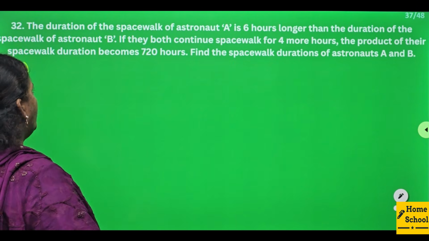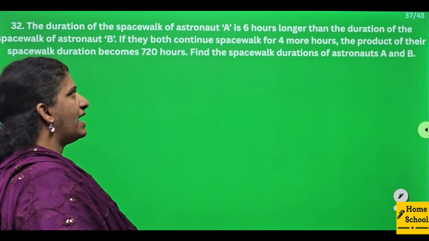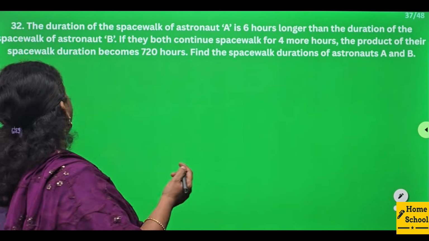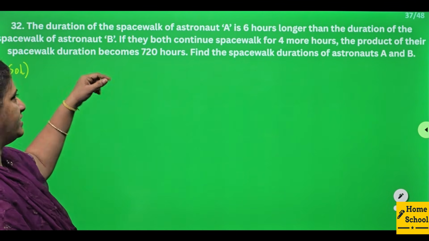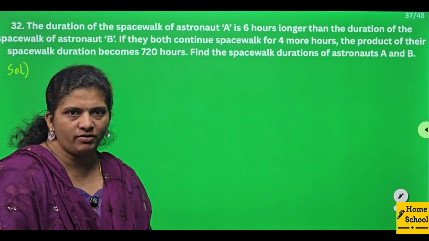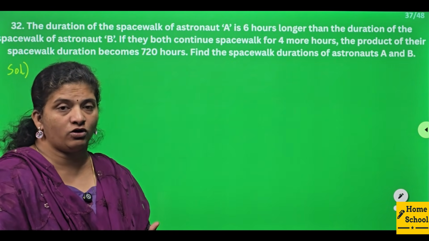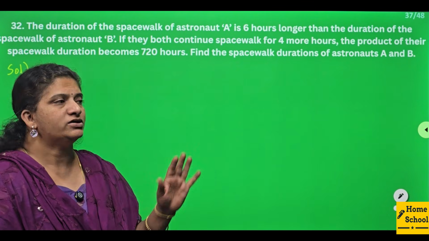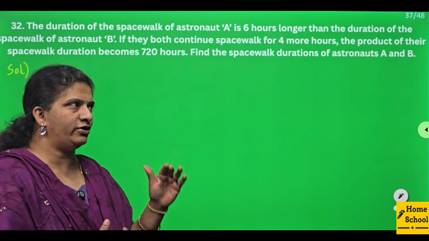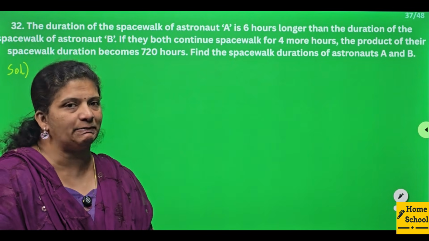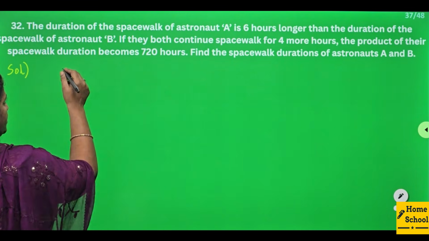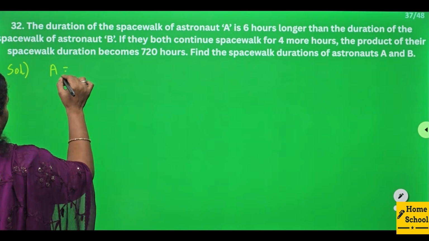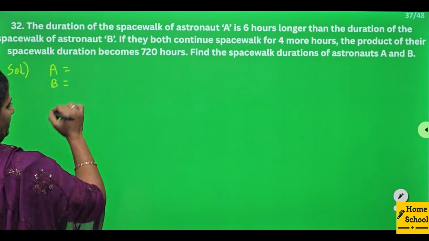32nd: The duration of the spacewalk of astronaut A is 6 hours longer than the duration of the spacewalk of astronaut B. Here in this problem, we are talking about the spacewalk of two astronauts, astronaut A and astronaut B. So in order to start this problem, we need to write all these verbal statements compulsorily.